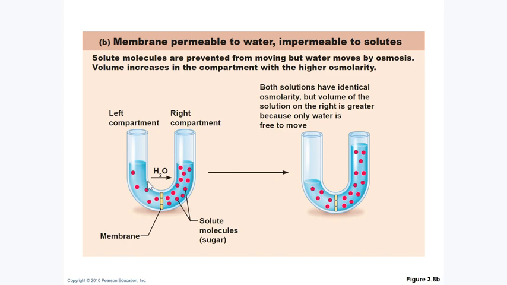You can see here, once again, lower on the left, higher on the right. But if the membrane is impermeable to solute, both solutions have identical osmolarity, but the volume of one solution is greater.